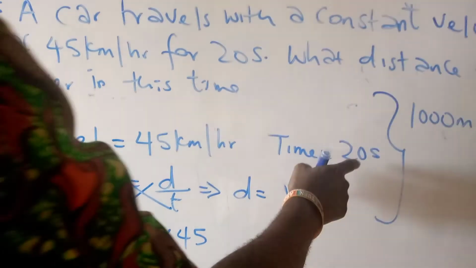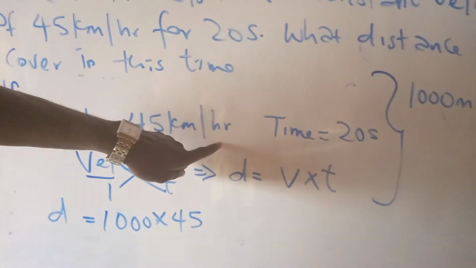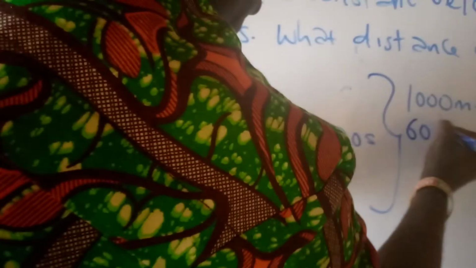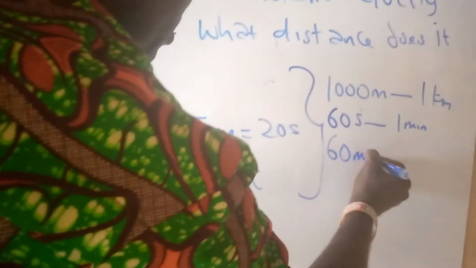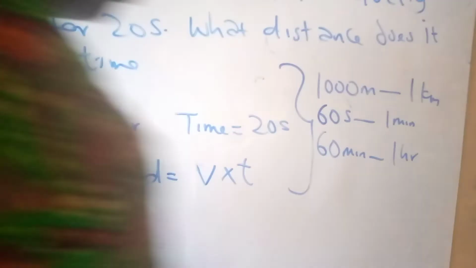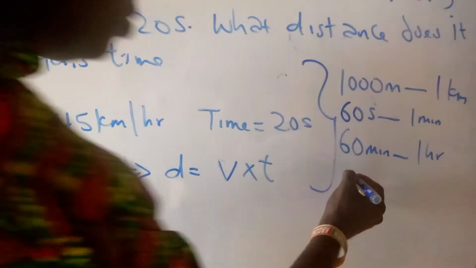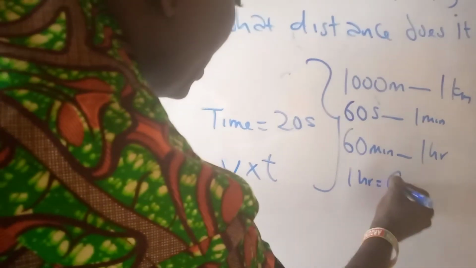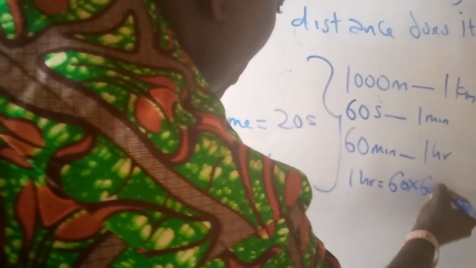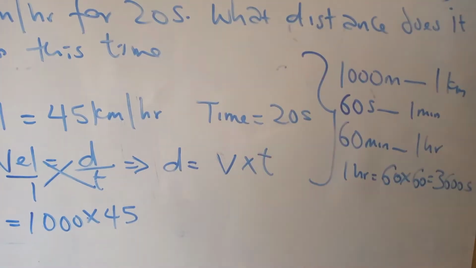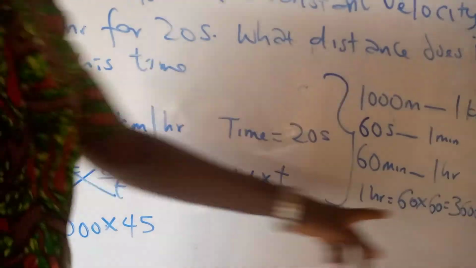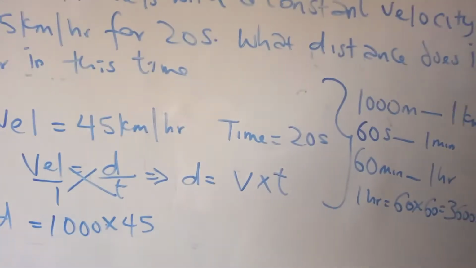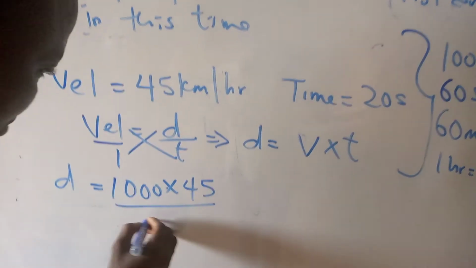Now this is in seconds and this is in hours. And you know 60 seconds make 1 minute, 60 minutes make an hour. So to take 1 hour to seconds, it becomes 60 times 60, which is 3,600 seconds. So you bring it down here, which is the time.